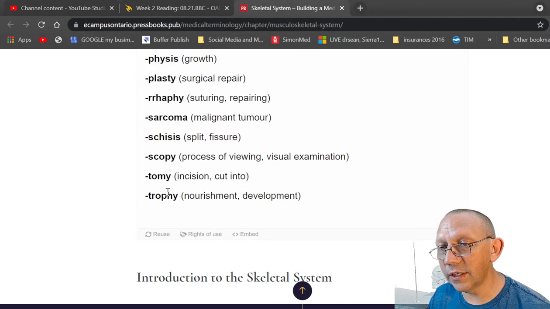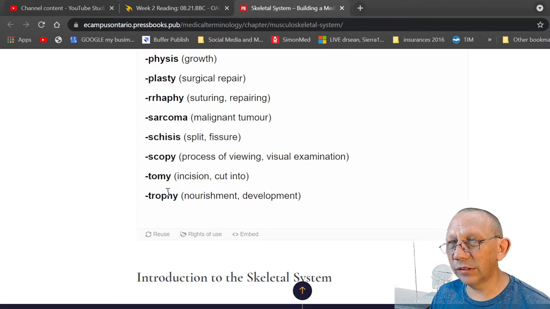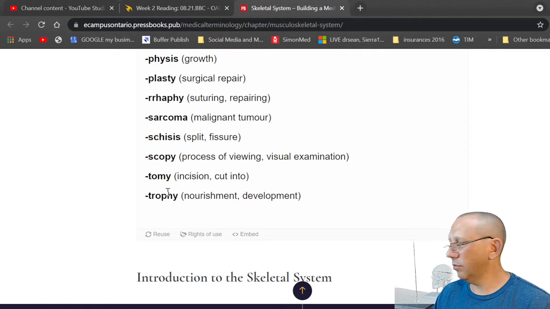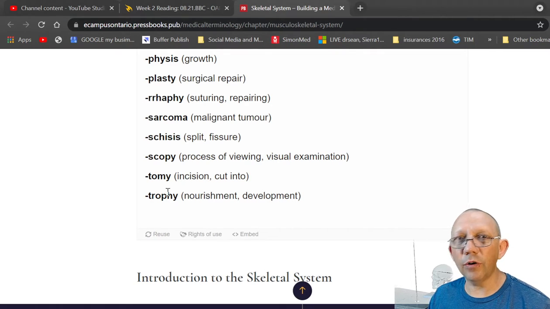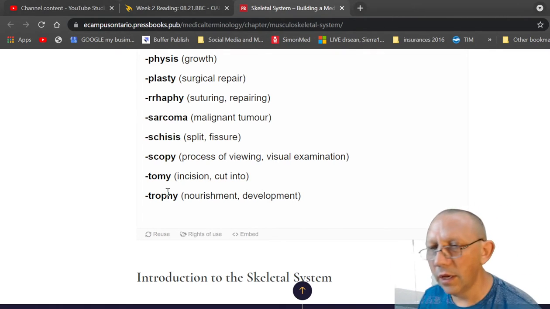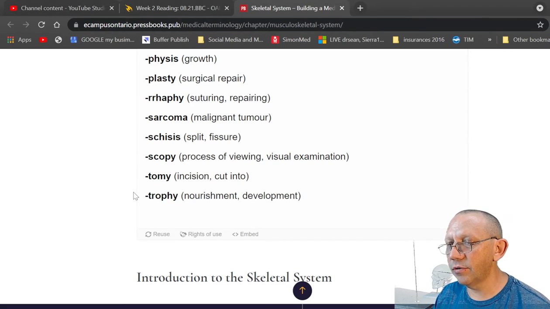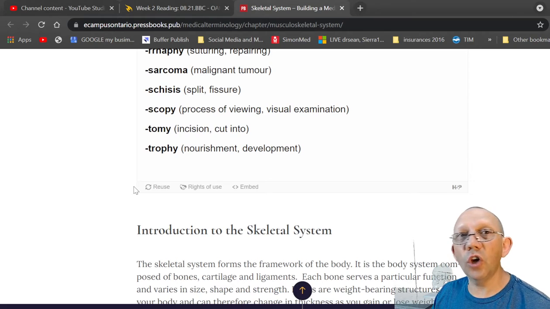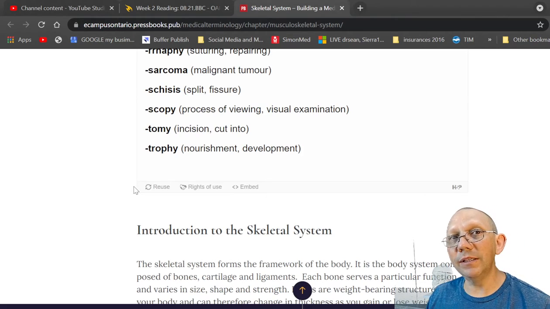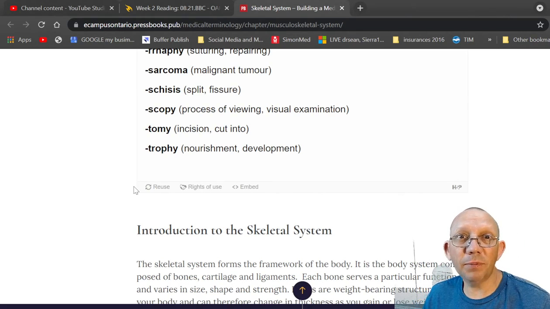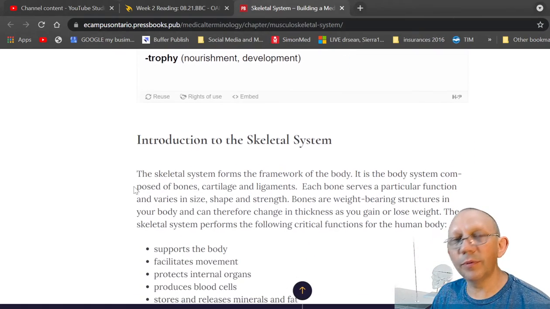Schisis, split, scopy, to look at. Scopy would be microscopy, looking at small things, right? Tomy is to split down. Tome or atomos. Atom means not able to split down anymore. Can't split, right? And trophy is nourishment. We talked about that one too.